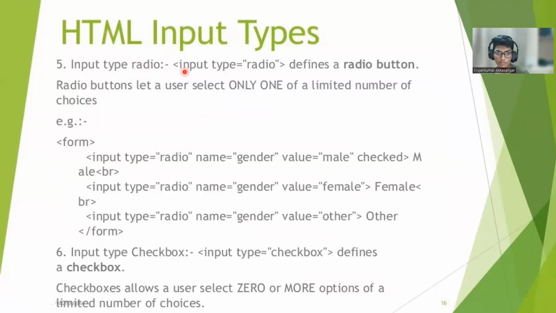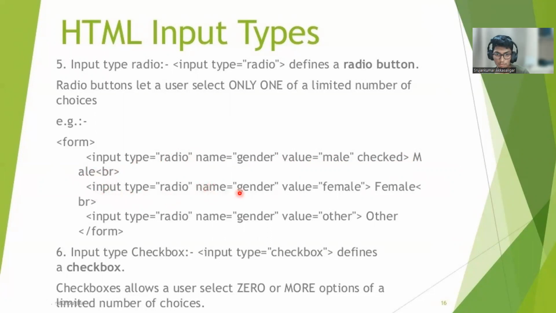Another type of input is the radio button. Input type equal to radio defines a radio button. Radio buttons let the user select one of a limited number of choices. An example is the form: take the type as radio, name it, and give the value, for example for gender, the first value as male, and check it, and then close the tag.